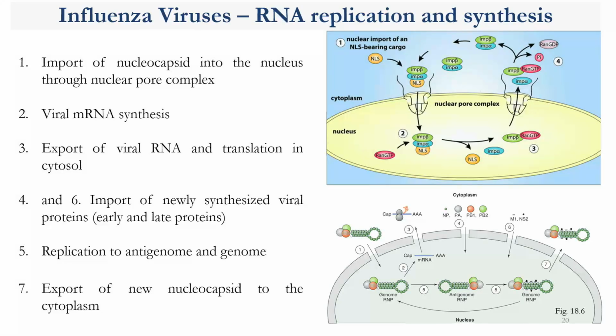Just to show you how nuclear import works, you have a protein or a cargo that has a nuclear localization signal. It's going to bind to a dimer of importin alpha and importin beta. Okay? They go through the nuclear pore complex. They usually just interact with the filaments that are on this side.